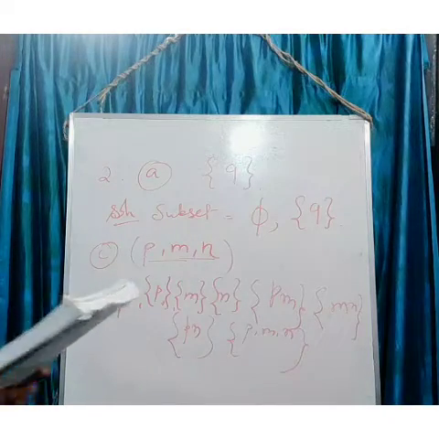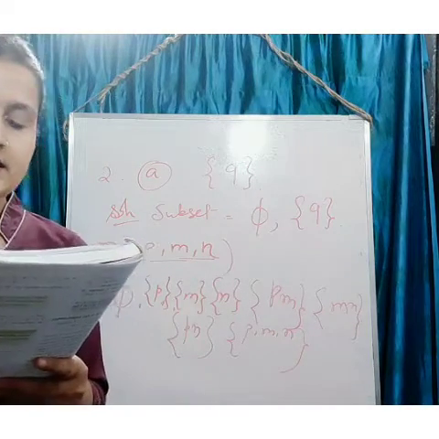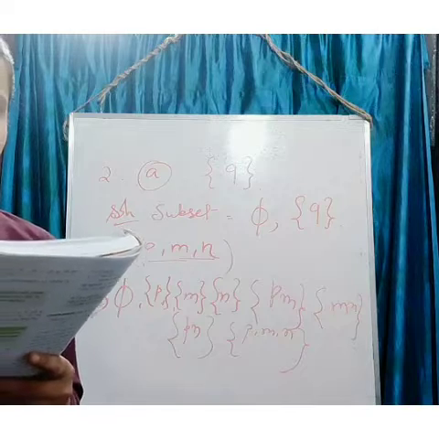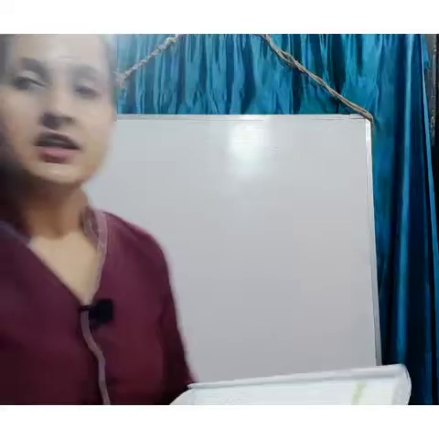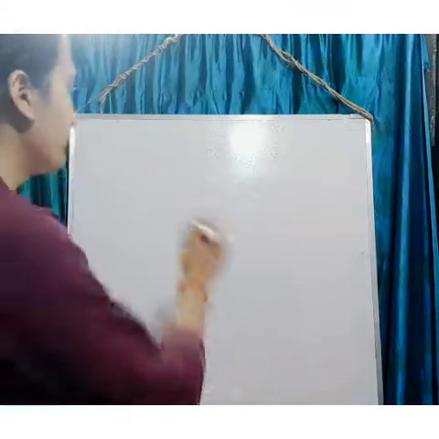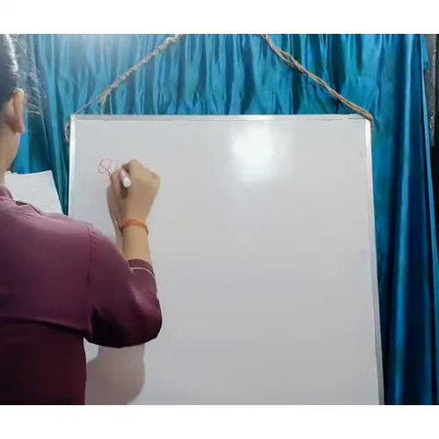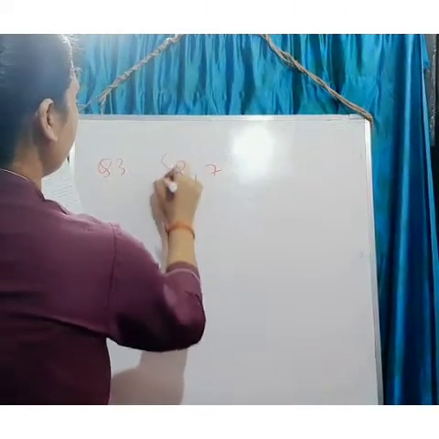Okay. So, let us try question number 3. Now, question number 3 is to find all possible proper subsets. See, in a proper subset, the subsets cannot be equal. So, question number 3, A: 2, 7.